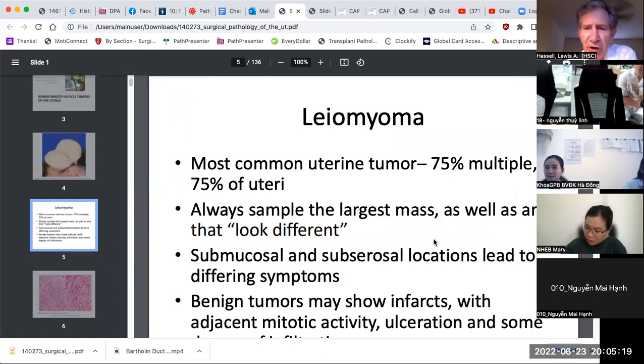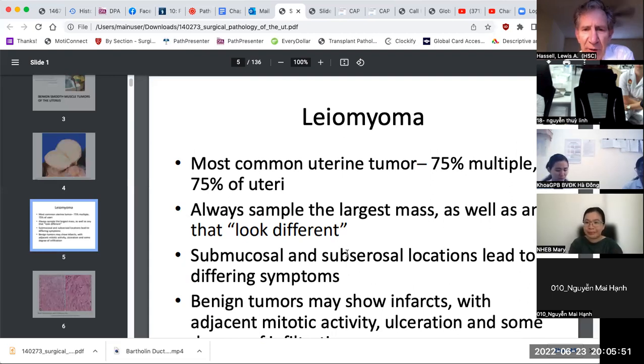And in terms of what we do in our laboratory to sample these, because most of the cases have multiple leiomyoma, it is not necessary to sample all of them, but we always sample the largest one and any that look a little bit different, that look unusual in some way, either because of discoloration or hemorrhage or necrosis or something like that.